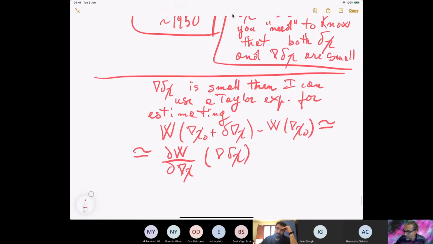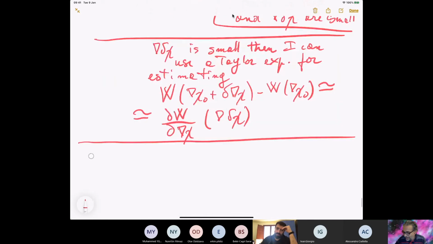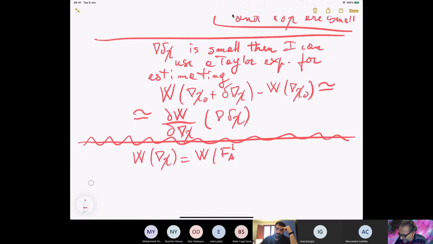Now, what this means, we must specify, and here we will be helped by tensor calculus, which we developed. So W of grad psi, we can write like W of F_iA.